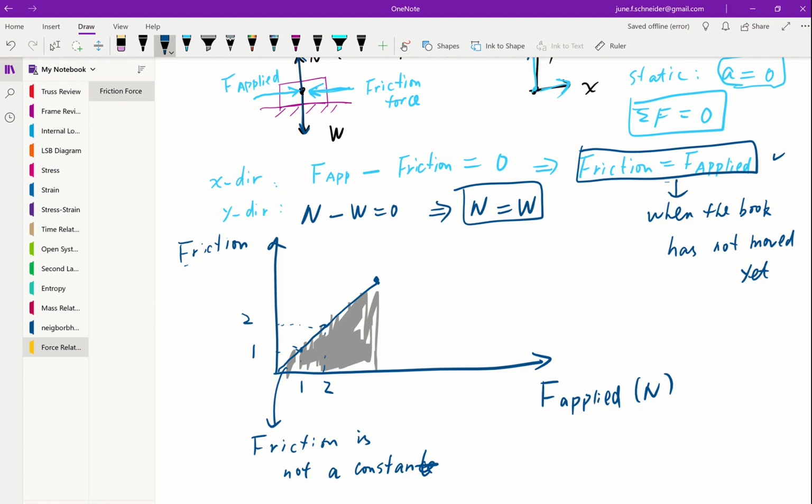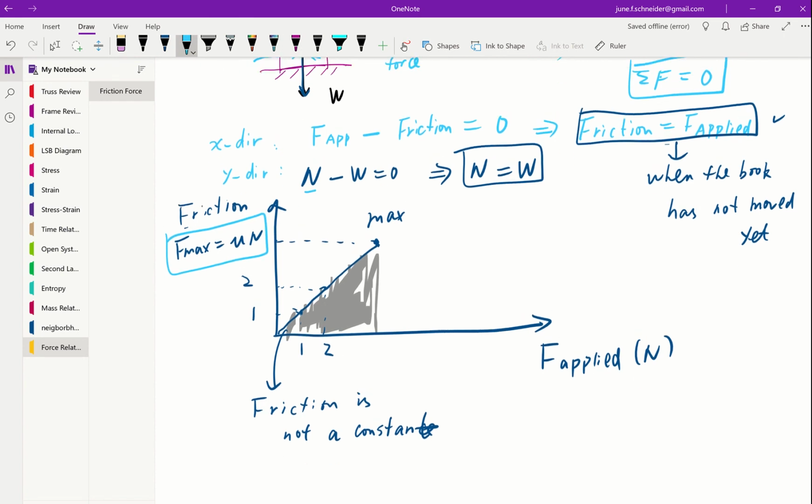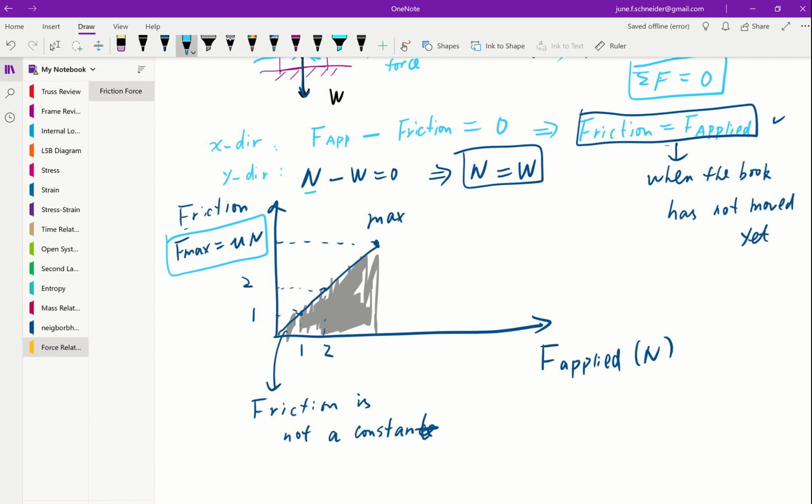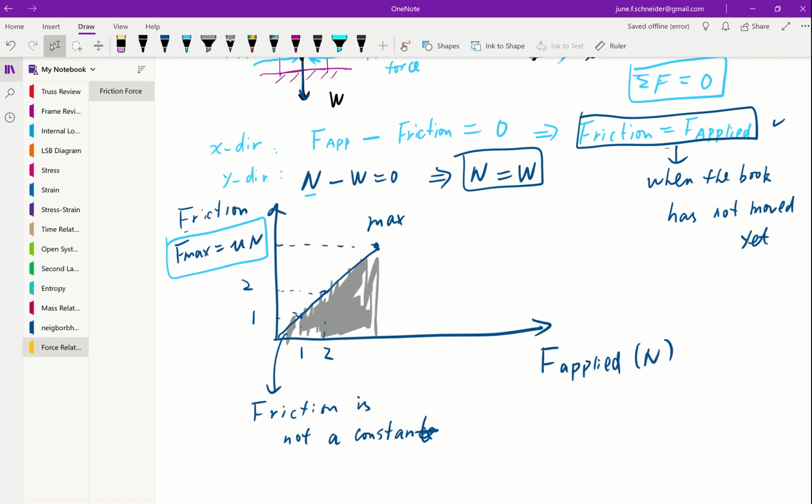However, when the book started to move, this is going to reach this maximum point, maximum value, and this maximum value is going to be F max is equal to mu N. We already know what N is. N is our normal force. Mu is going to be our friction coefficient, right? So coefficient of static friction.